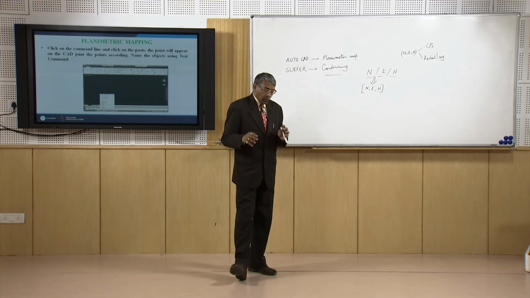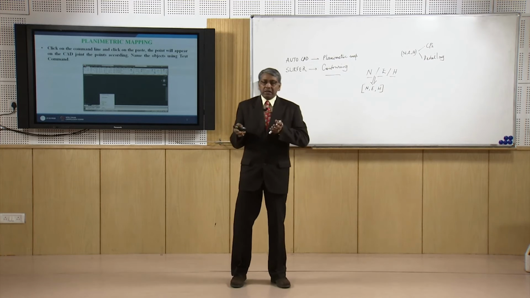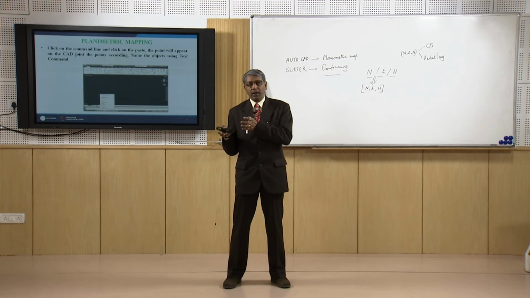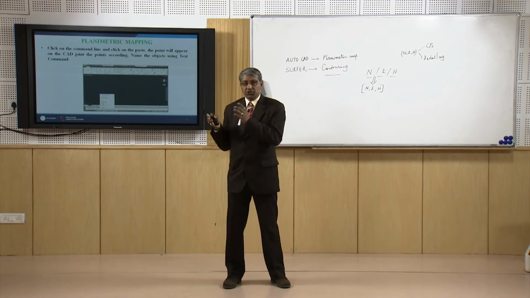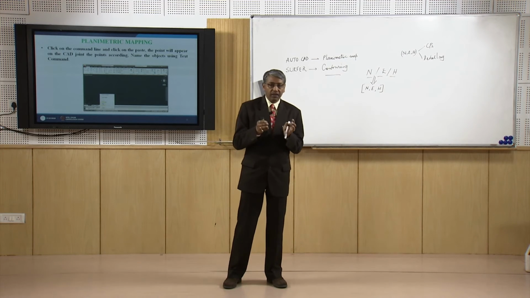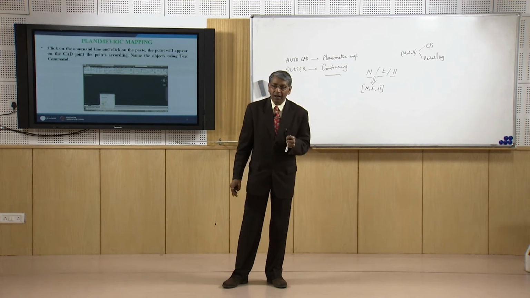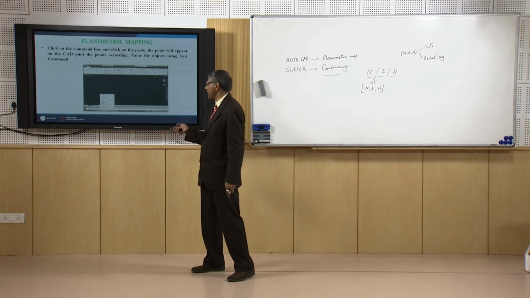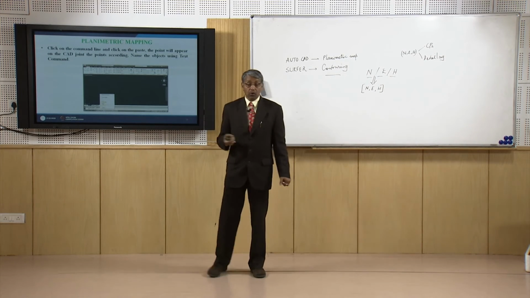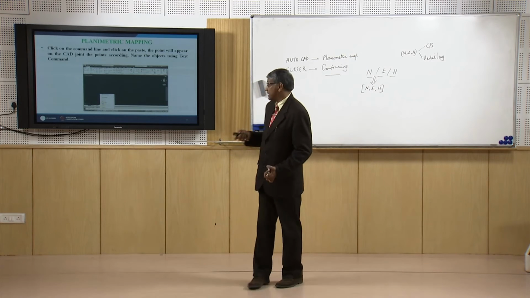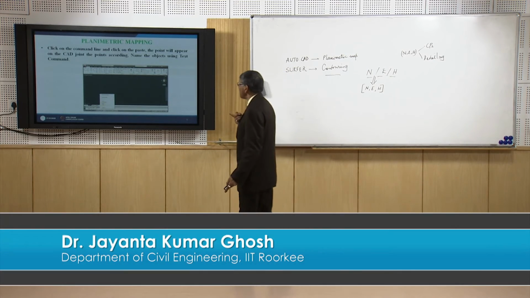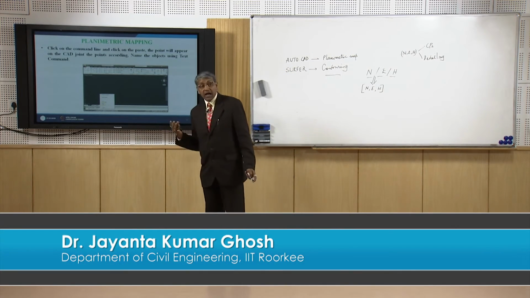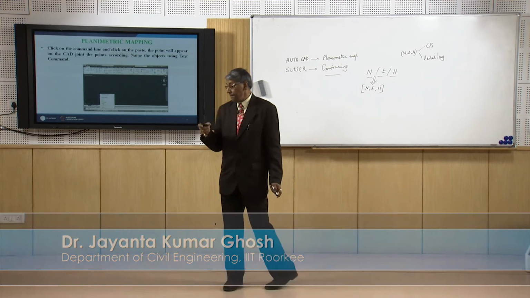Now we should also look into whether our network shape is the same as that available in the field or not. If it is, fine. If it is not, then we have to revisit our whole work, so that the control points are placed as they are in the field.